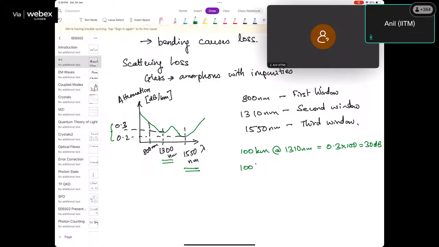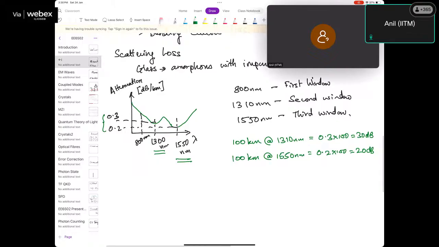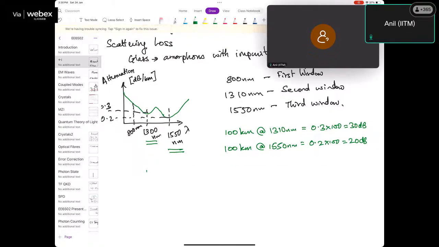On the other hand, if I do 100 kilometers at 1550 nanometers, that becomes 0.2 into 100, which is 20 decibels. Now, for those of you who don't remember, power in decibels, dBm, is defined as 10 log 10 of power in milliwatts divided by 1 milliwatt.